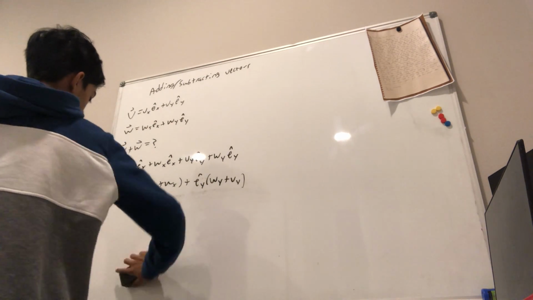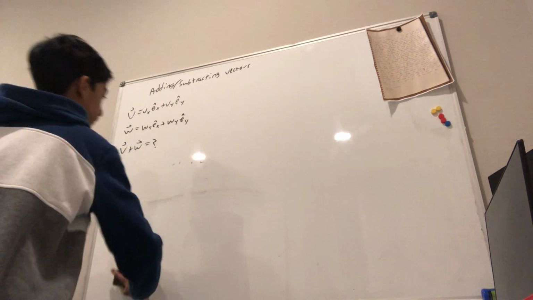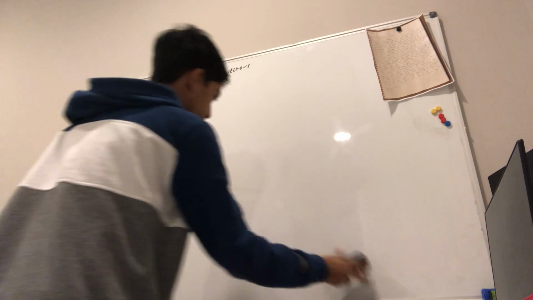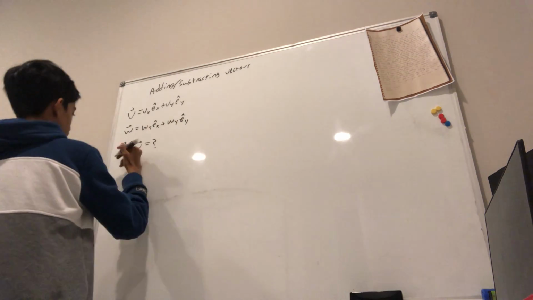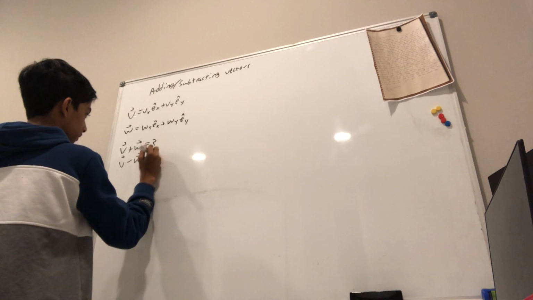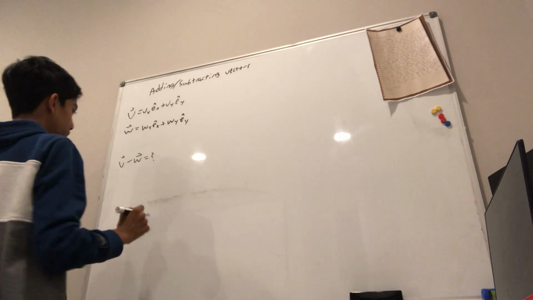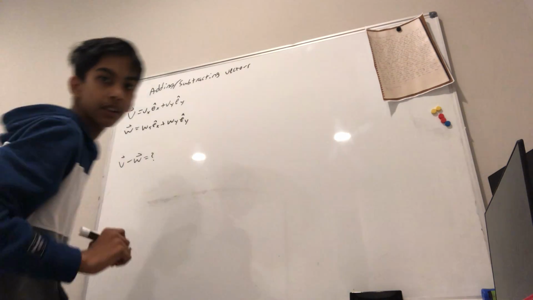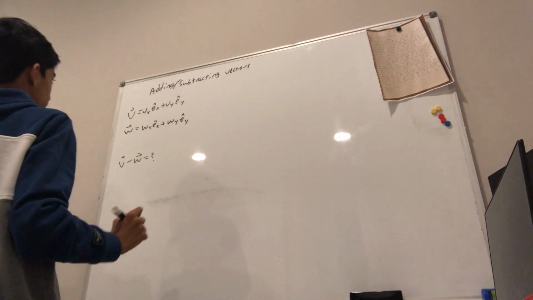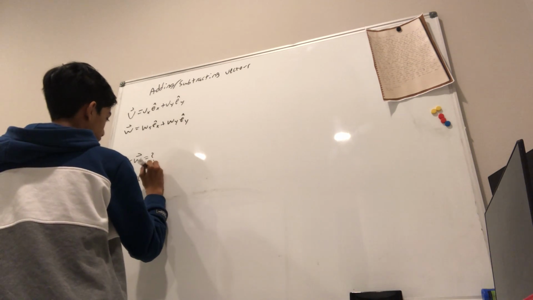The same logic can be applied to subtracting vectors. So what if we were to do vector v minus vector w? We can rub this out because we already wrote that. So vector v minus vector w would basically equal vector v plus negative vector w.